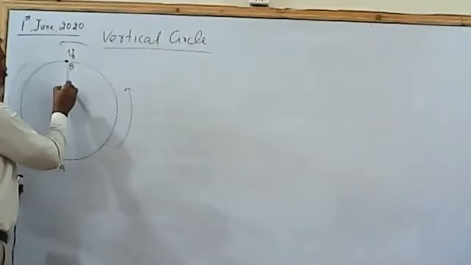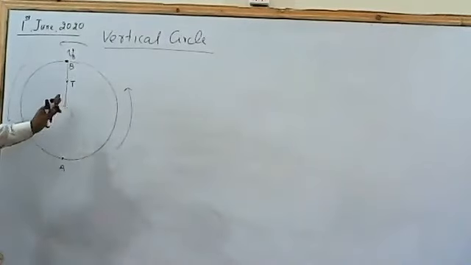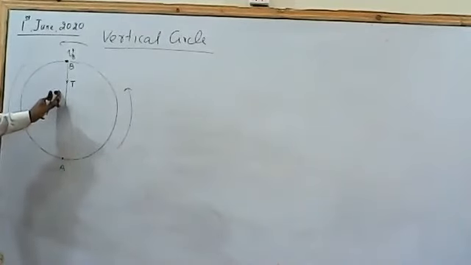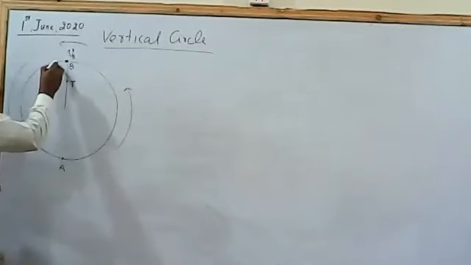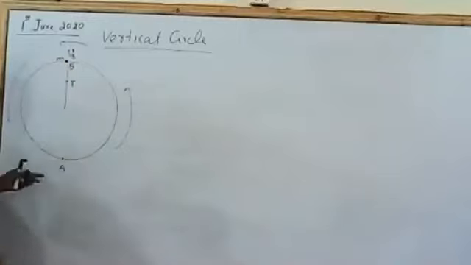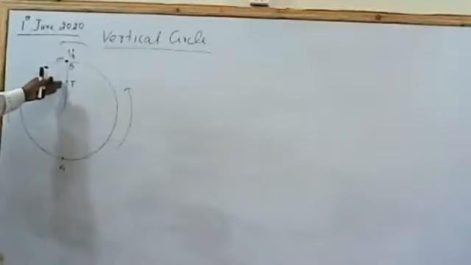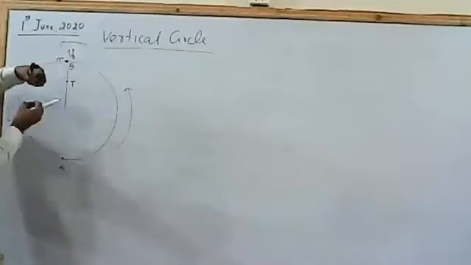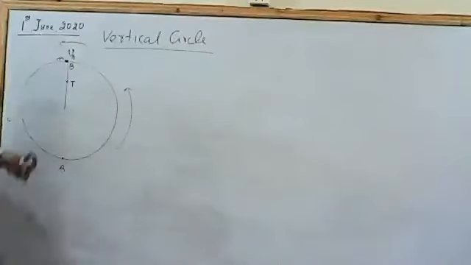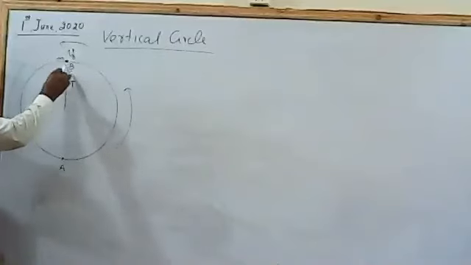The tension in this string will always be directed towards the center. Whether it is a string to which a stone of mass m is attached, or a stiff rod to which some mass m is attached, there will be some force or tension that connects the mass to the end of the rod. So this tension is directed towards the center.